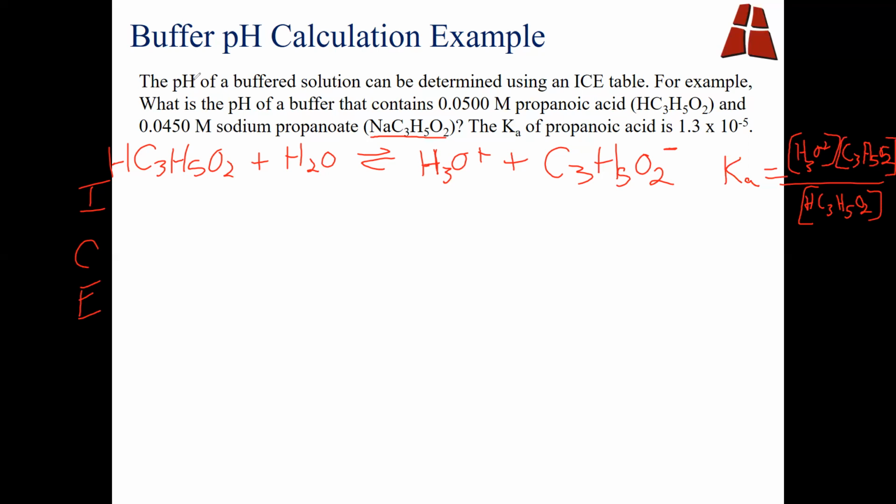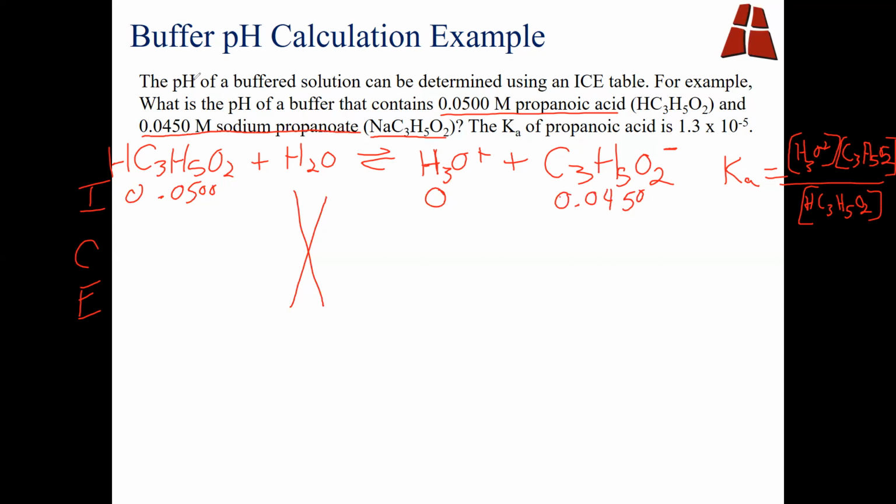We would say that our initial concentration of our weak acid is 0.0500 molar propionic acid. Water is a pure liquid, of course, so we don't count that. We'd say we have an initial concentration of 0 for hydronium. Then the big difference here is we have an initial concentration of our conjugate base. And so we would say we have an initial concentration of 0.0450 molar propanoate.